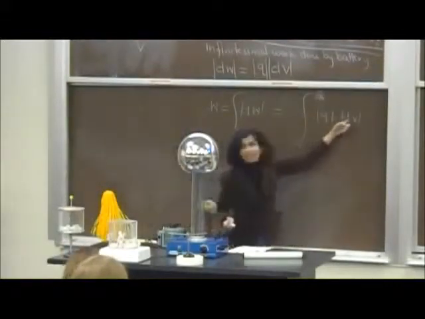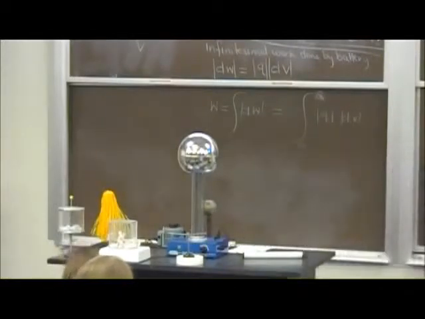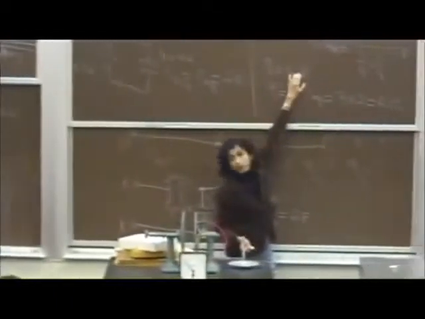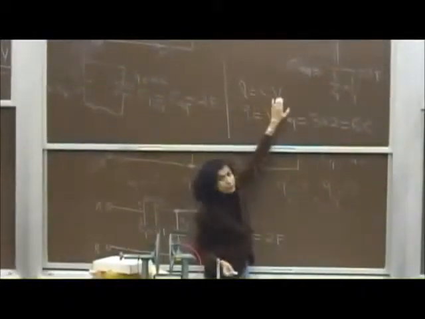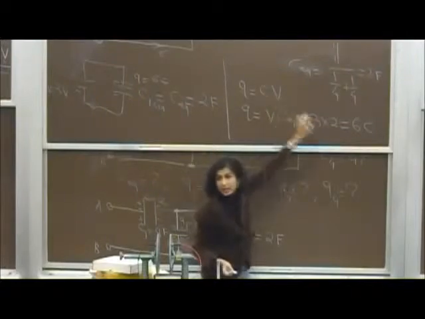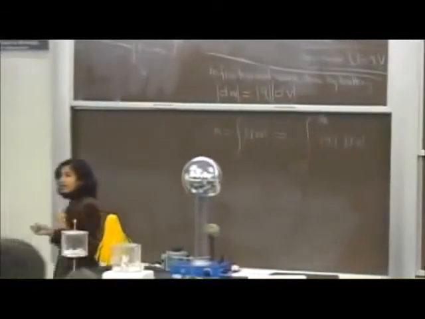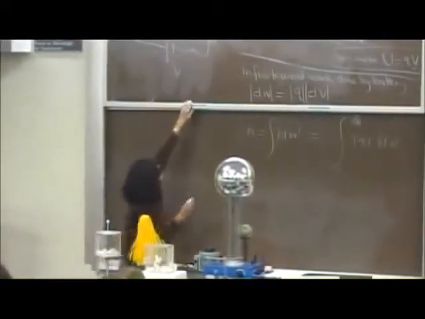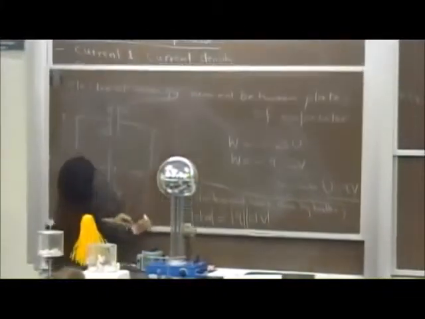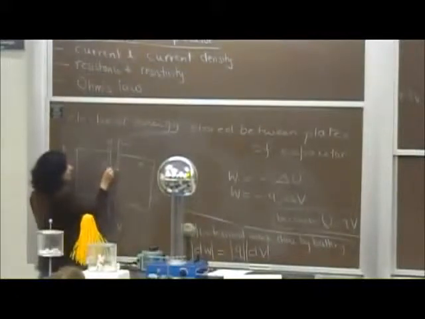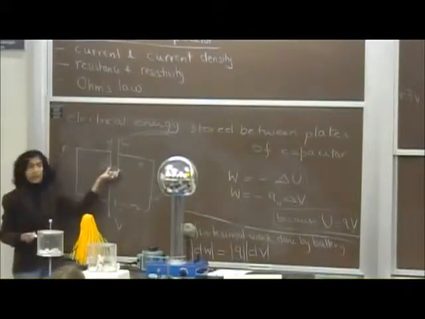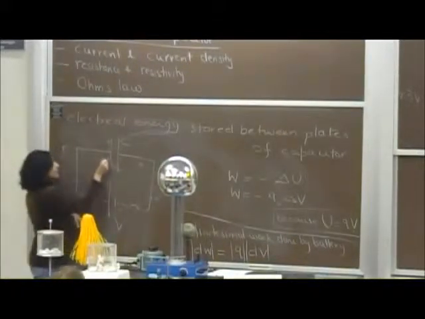Now what is dV? Can I write dV in terms of dQ? Look, Q is proportional to V, isn't it? Because as the charges are being pushed, there is voltage developing between the plates. dV is the voltage that is developing between the plates of the capacitor when the charge on the plates is dQ.